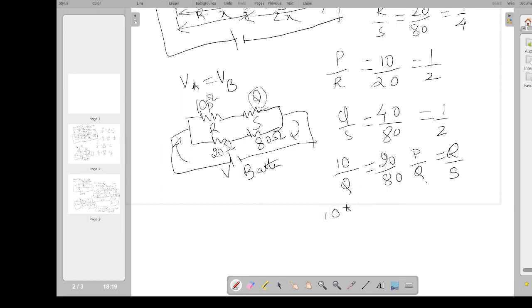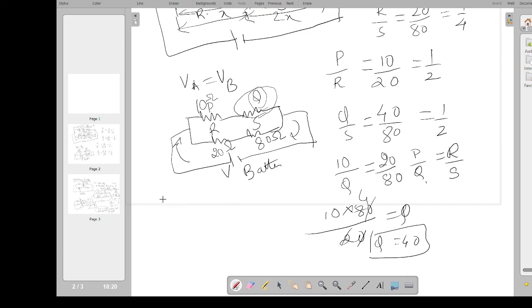So 10 into 80 divided by 20 will give the value of resistor Q. So Q is equal to 40. So with the help of the Wheatstone bridge, we can find out the unknown value of a resistor.